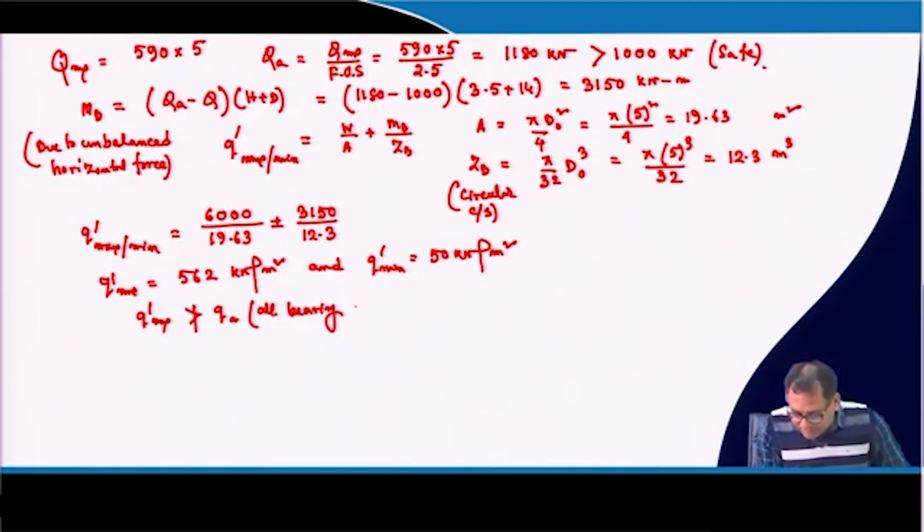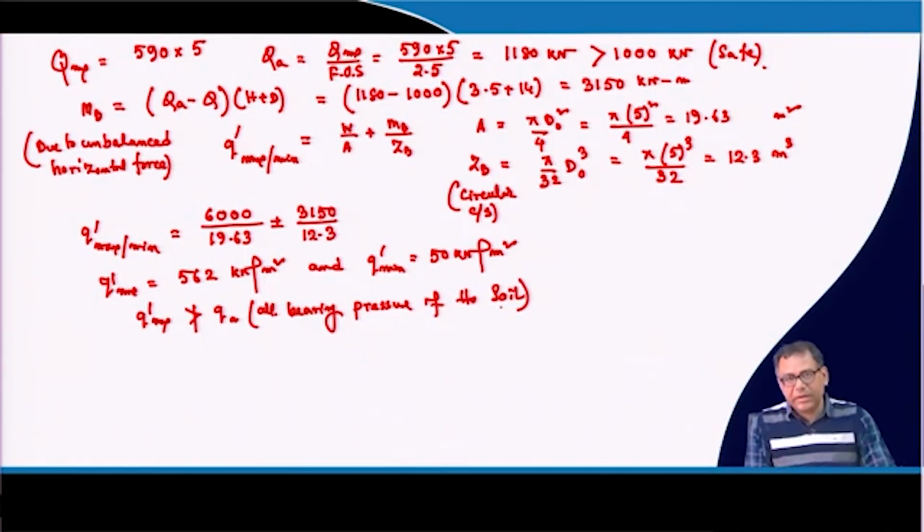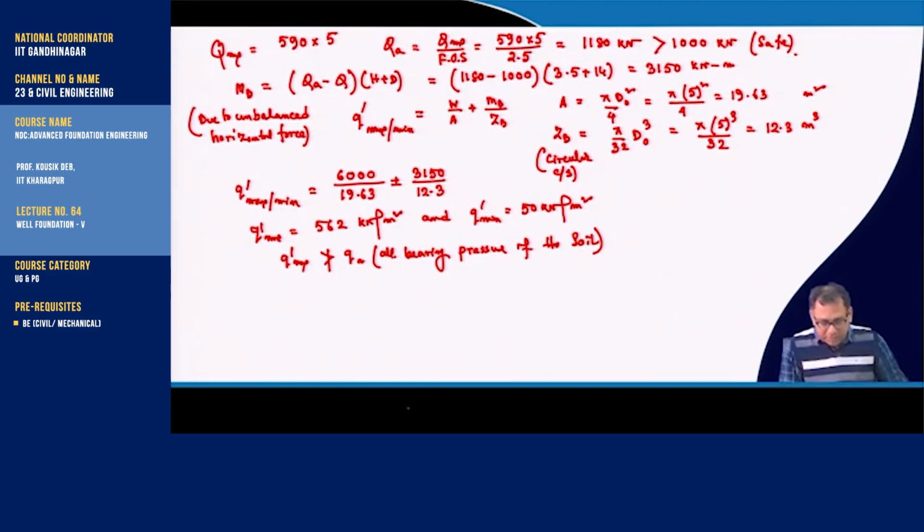Here the allowable bearing pressure of the soil is not given, but if it is given you can check whether this is fine or not, otherwise you have to redesign this. Okay. And then again we have to calculate the maximum bending moment.